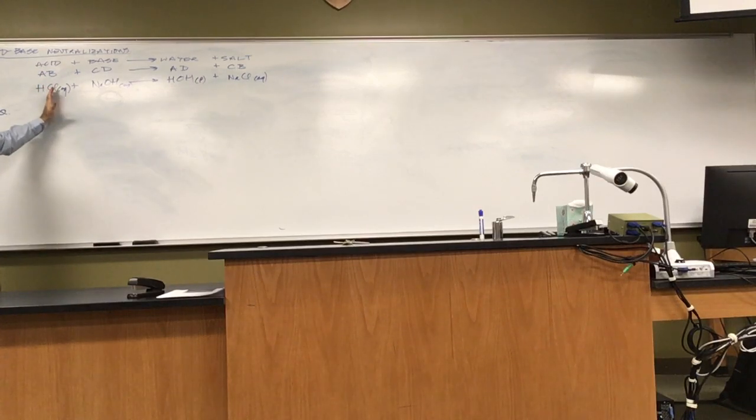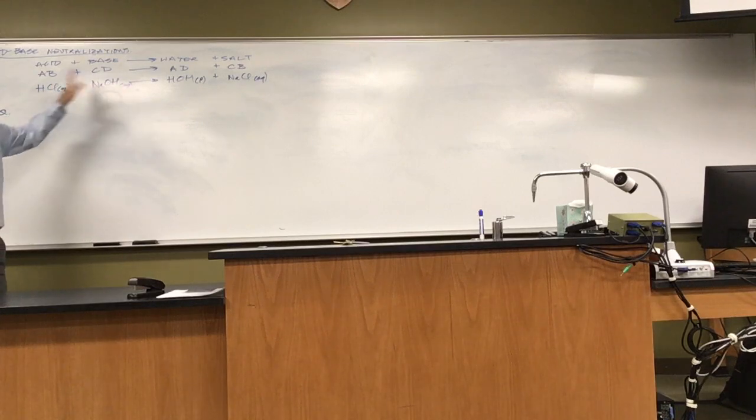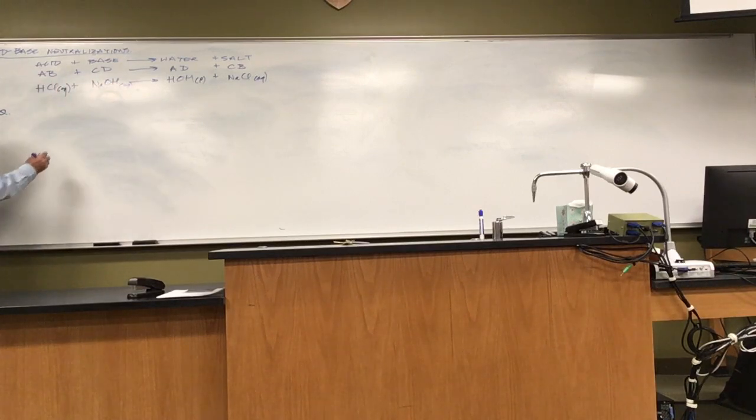They normally come from the stock room already made up at 0.100 moles per liter or 0.2 moles per liter or 1.0 or 1.5. They usually come already prepared. So let's dilute something first and then have it neutralize.